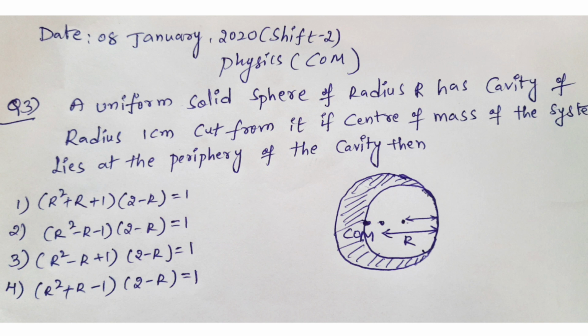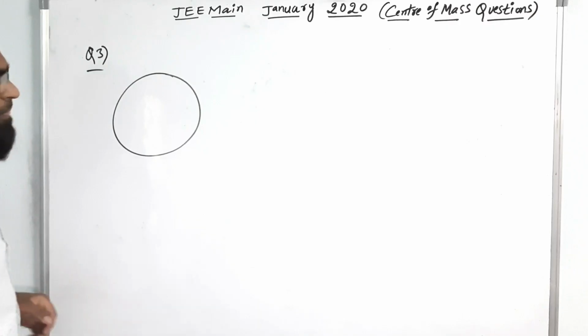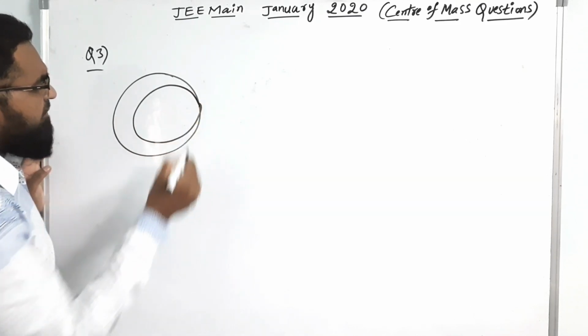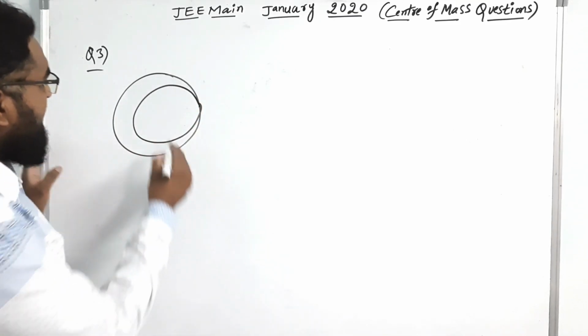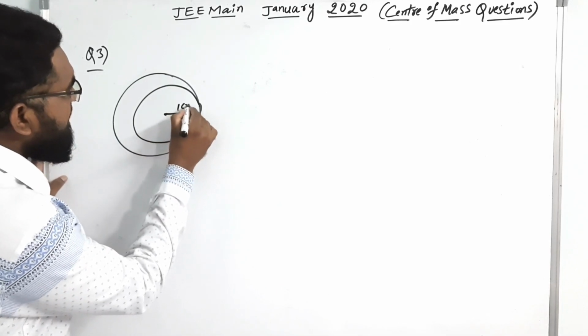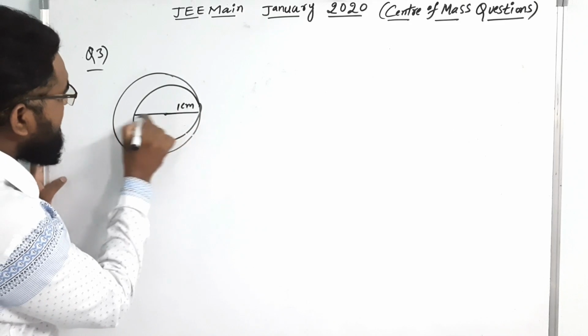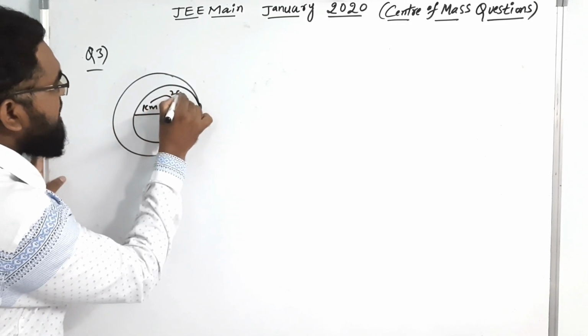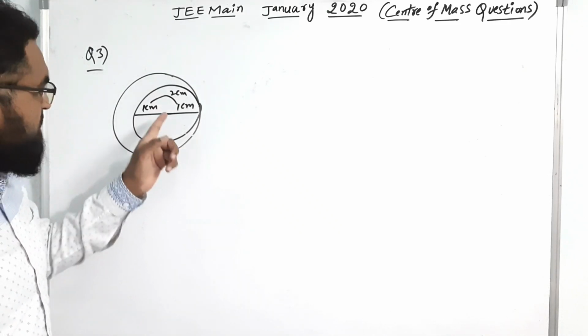So here one cavity is being removed from a solid sphere. See, the diagram is given. This is the solid sphere, and inside it the cavity is removed. Actually here the cavity radius is 1 centimeter and the diameter is 2 centimeter. I hope you understood this one.